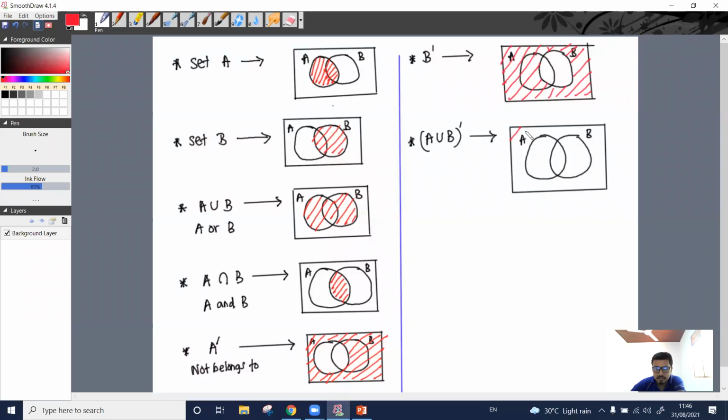That is represented outside these circles. A union B dash.